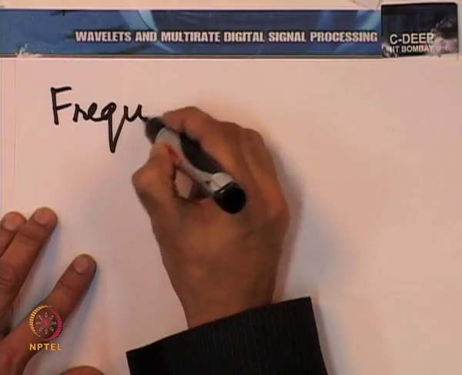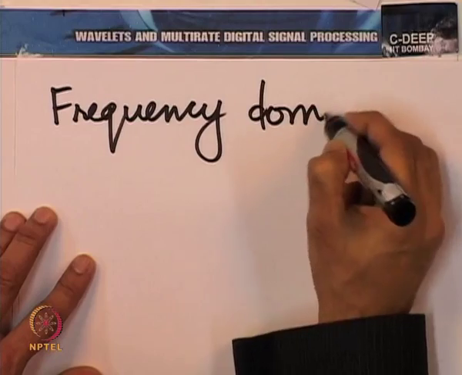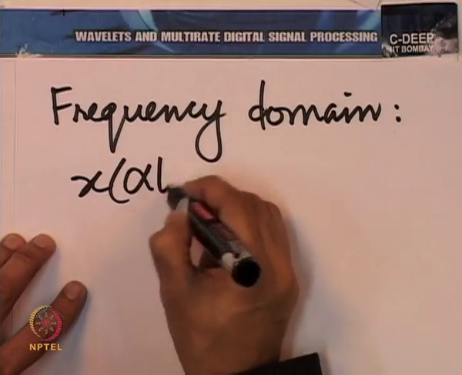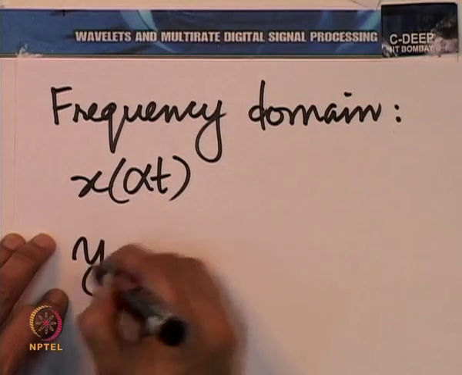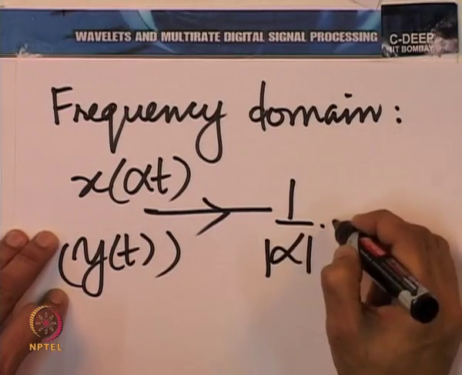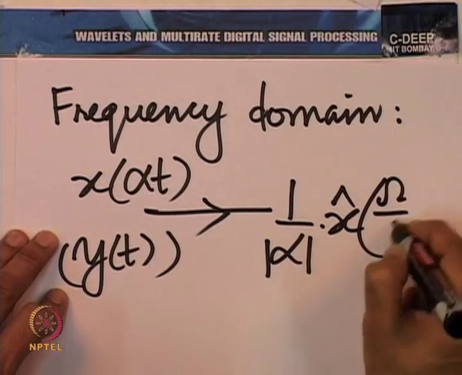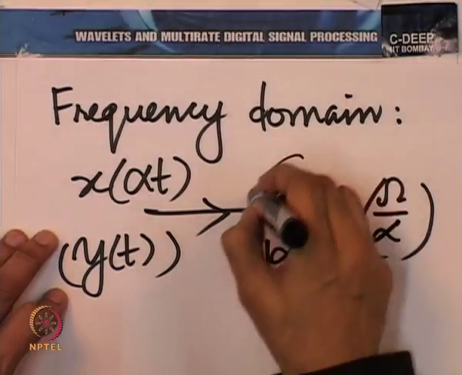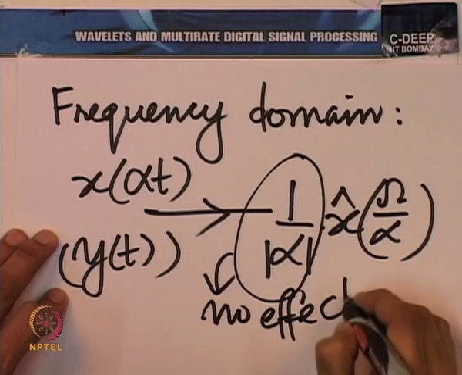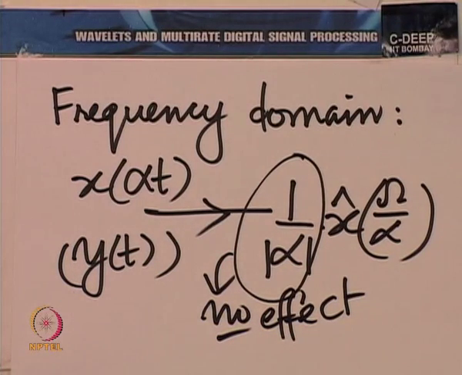So, we have in the frequency domain x of alpha t, which is essentially y t, corresponds to 1 by mod alpha x cap omega by alpha, and this scaling has no effect on the variances or the center, as we saw a minute ago.